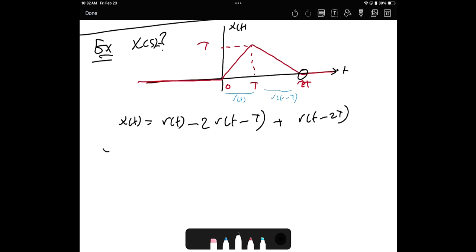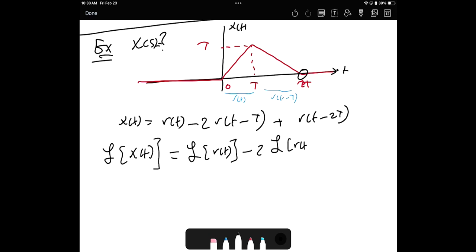Now, how to do the Laplace transformation? The Laplace transformation of x of t, you can distribute, since Laplace is distributive: Laplace of r of t, minus 2 Laplace of r of t minus T, plus Laplace of r of t minus 2T. Now, how to find this?